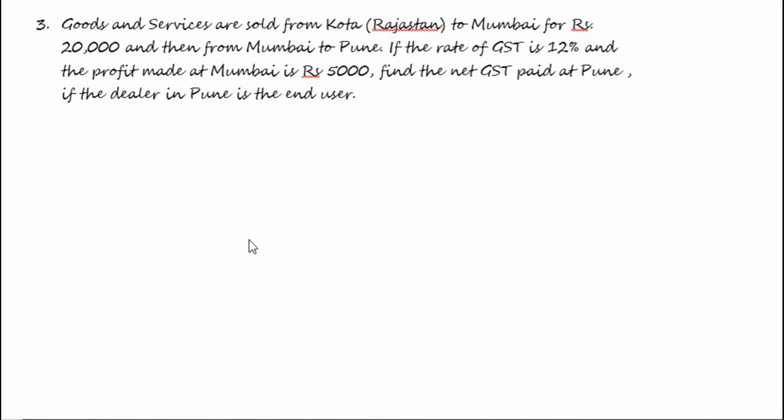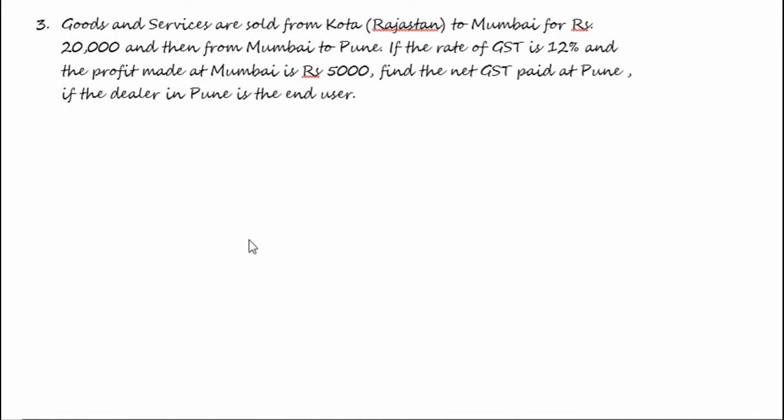Third problem. Goods and services are sold from Kota, Rajasthan to Mumbai for rupees 20,000 and then from Mumbai to Pune. If the rate of GST is 12% and the profit made at Mumbai is 5,000, find the net GST paid at Pune if the dealer in Pune is the end user.